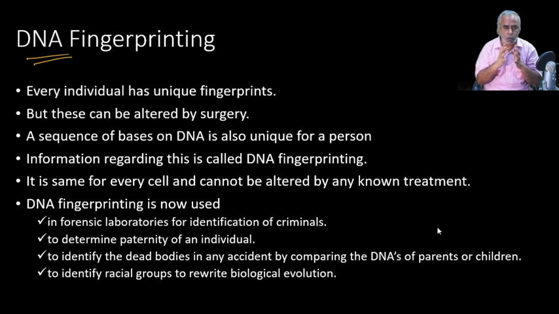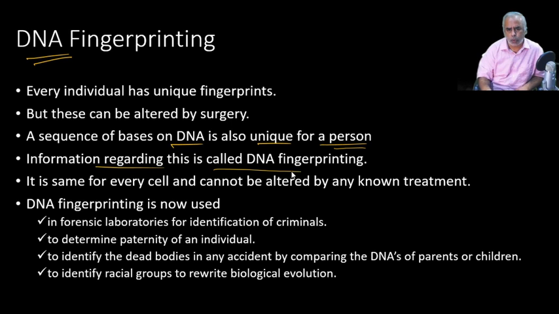So we want to have this identity in a better way, in an advanced manner. For which DNA fingerprinting is useful, because the sequence of bases on DNA is very, very unique to every individual. So information regarding this is called fingerprinting of DNA, that is DNA fingerprinting.